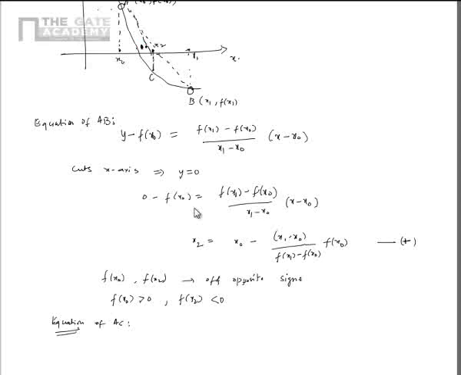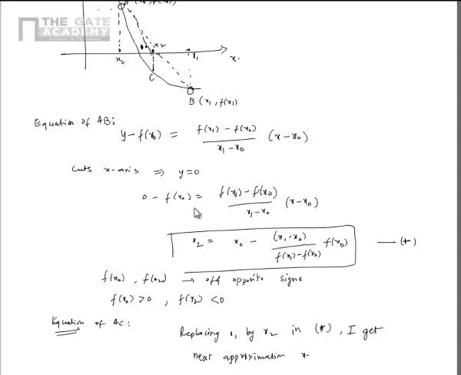The idea here is replacing x1 by x2 in the above starred equation, I can get the next approximation x3, and so on. This process is repeated until I get the desired accuracy.